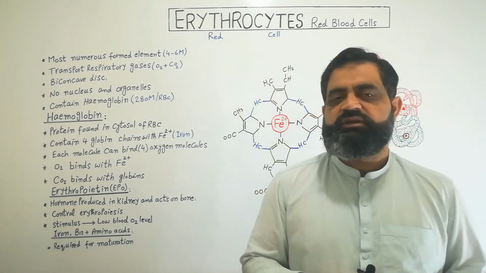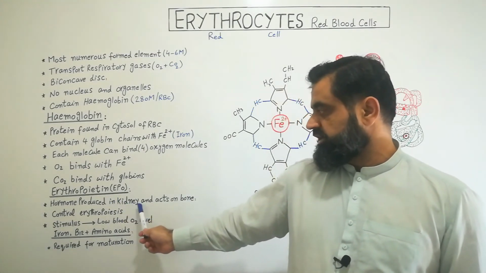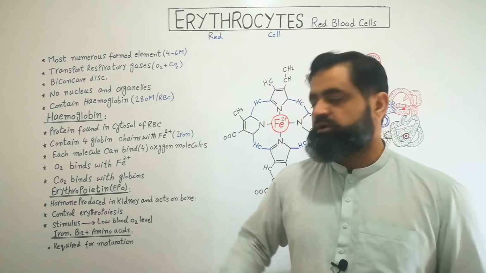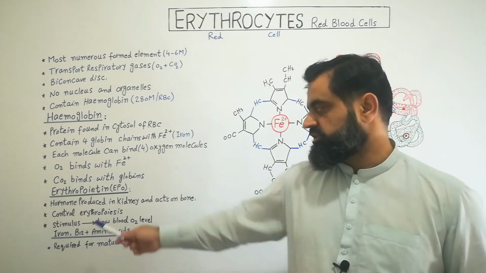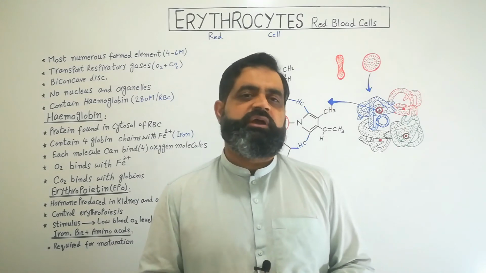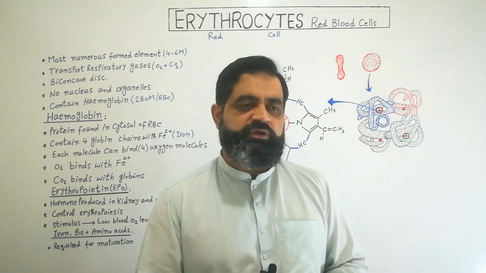The hormone is produced in the kidney and acts on the bones. Then the bones control erythropoiesis and carry out the process of blood formation under the stimulus of low blood oxygen level.